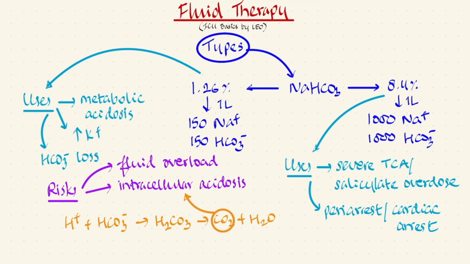The increased CO2 will cross cell membranes via simple diffusion, resulting in intracellular acidosis, as bicarb normally cannot cross cell membrane. For that reason, we should consider increasing the minute volume in mechanically ventilated patients for CO2 washout.